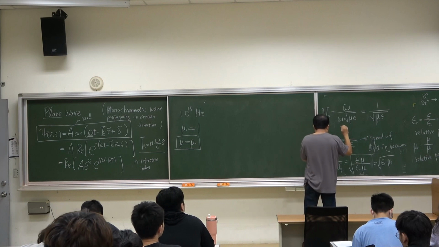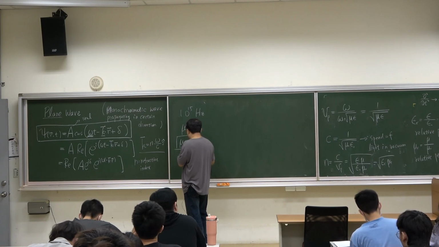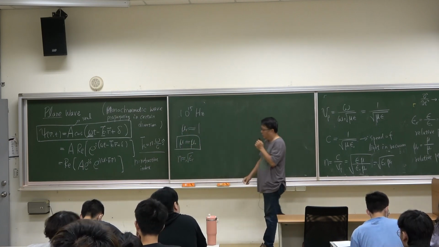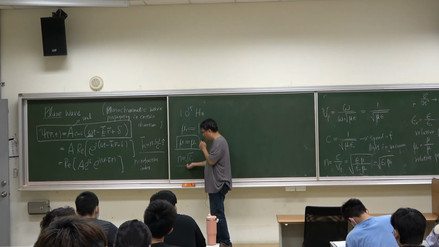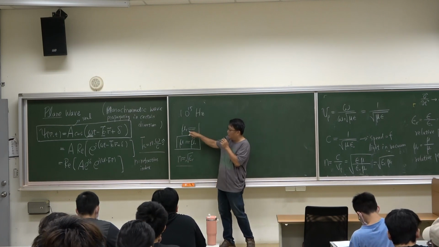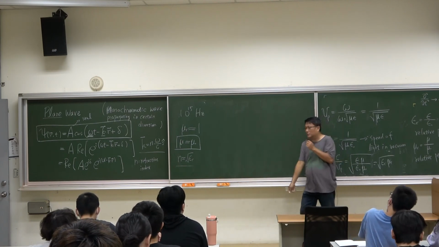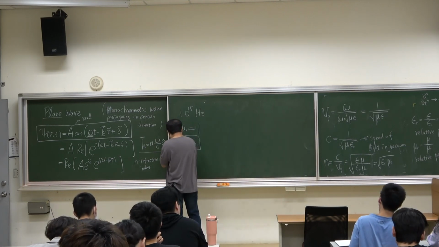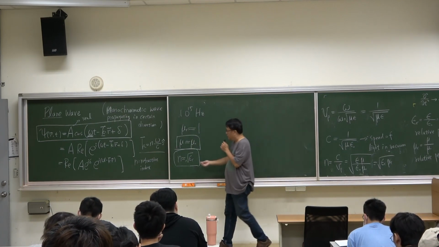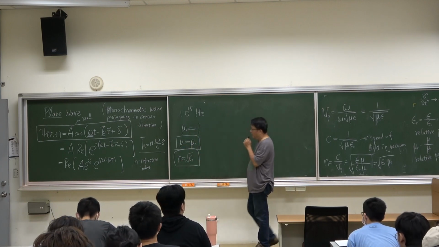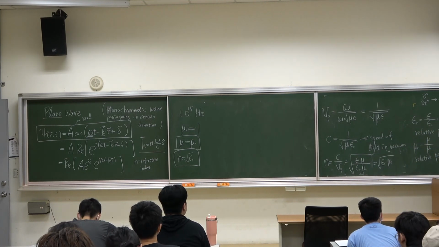Under this assumption, we have n approximated by the square root of epsilon r. This approximation holds only when mu r is close to 1; otherwise mu r has to be taken into account. So if we encounter non-magnetic material, then you can approximate the refractive index as the square root of epsilon r.